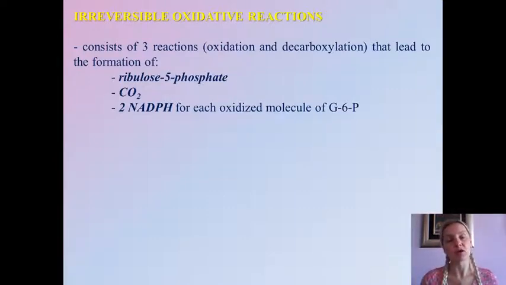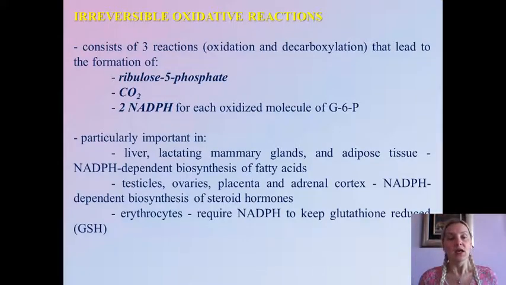Those three types of molecules are formed for each oxidized G6P molecule. So this oxidative part of the pathway is particularly important in the liver, lactating mammary glands, and adipose tissue. Why? Because in these tissues, intensive fatty acid biosynthesis occurs, and you will see later in other lectures that those are NADPH-requiring metabolic pathways.